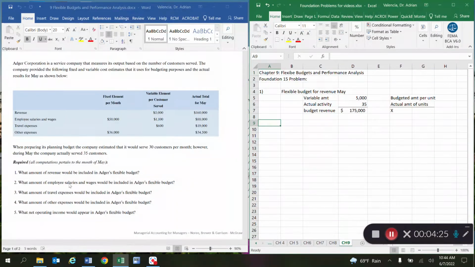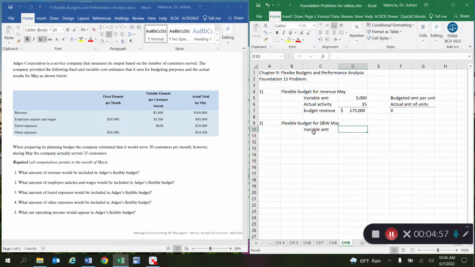What amount of employee salaries and wages would be included in the flexible budget? Okay. So again, let's go in here and use that same pattern. So there's going to be flexible budget for salaries and wages in May. Okay, so we have the variable amount per employee.